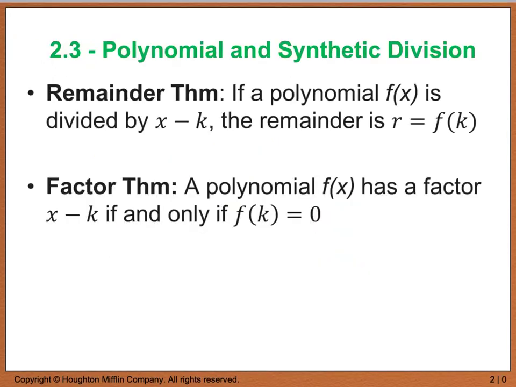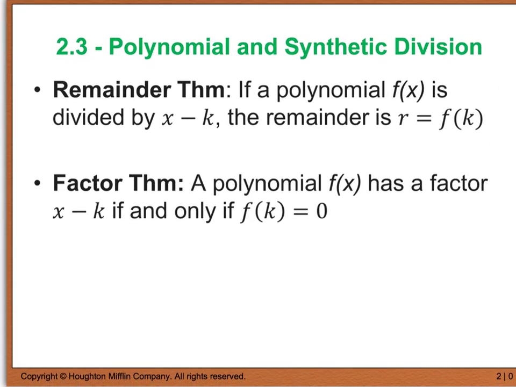Now we do have two things to look at. One is the remainder theorem, and it says if a polynomial f of x is divided by some factor x minus k, then your remainder is going to be some function f of k. So this really means you're going to take your original function and evaluate it at whatever this value is right here to come up with that remainder.